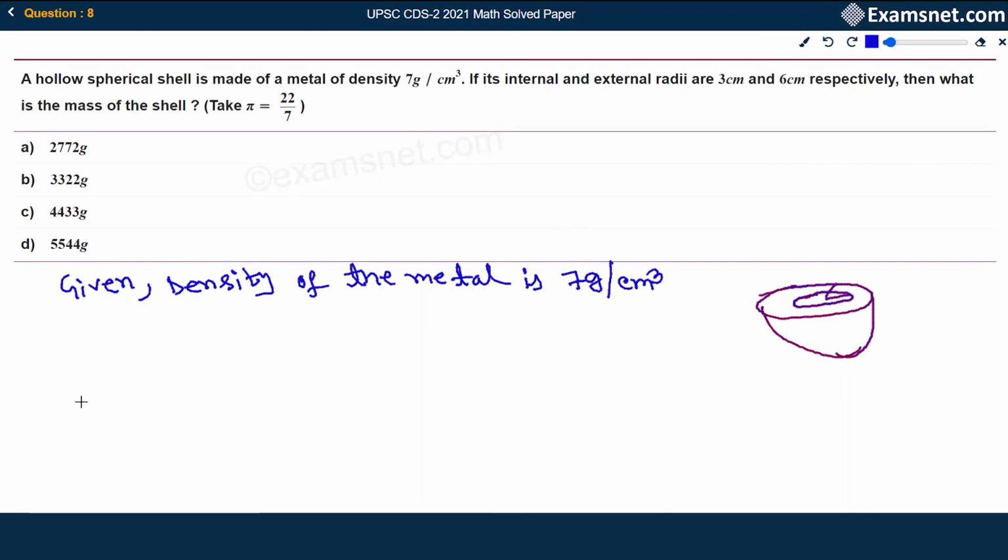And also it is given the internal radius and external radius are 3 centimeter and external radius 6 centimeter.